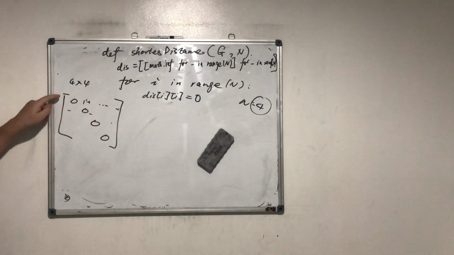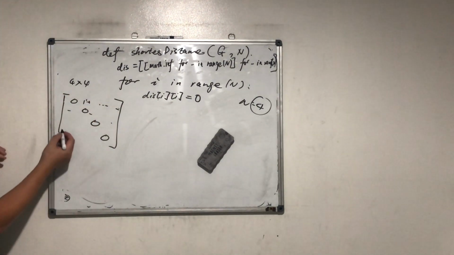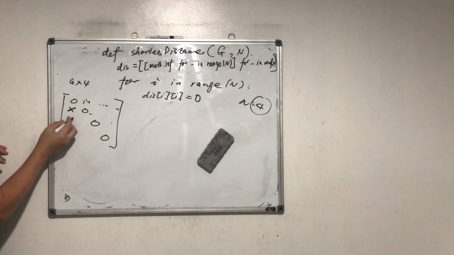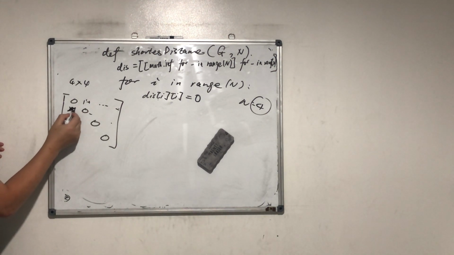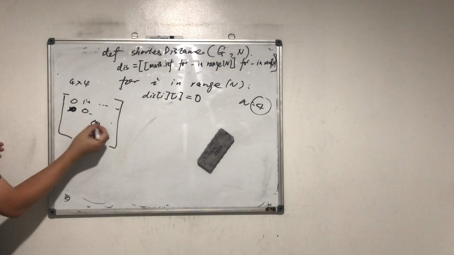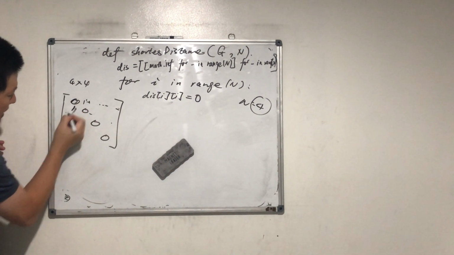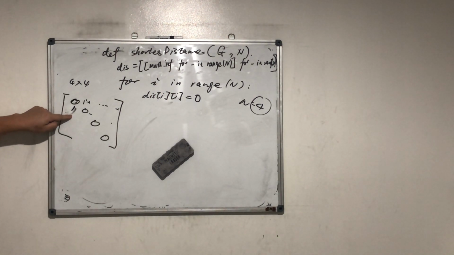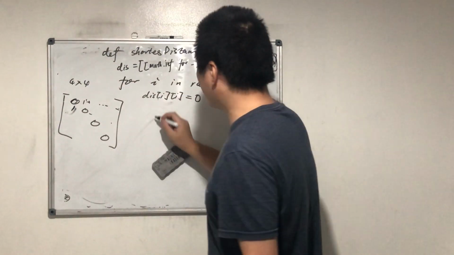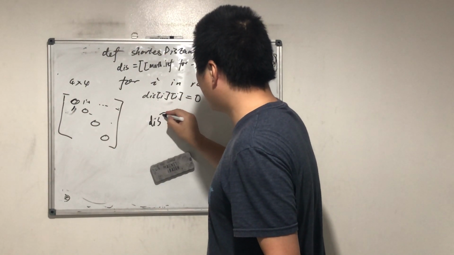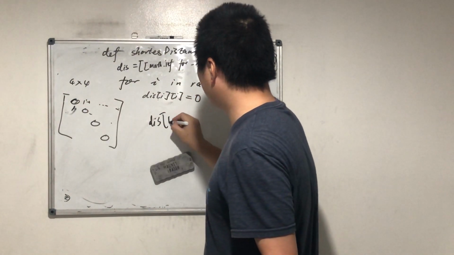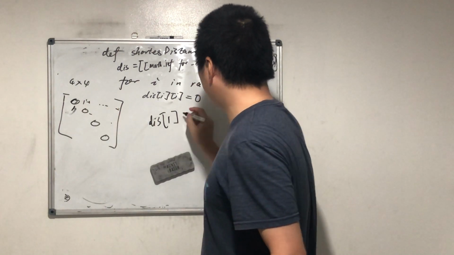So for example, what does this value mean? If this is 1, what does it mean? The second row, first column. So how do we represent it in here? 1 0.